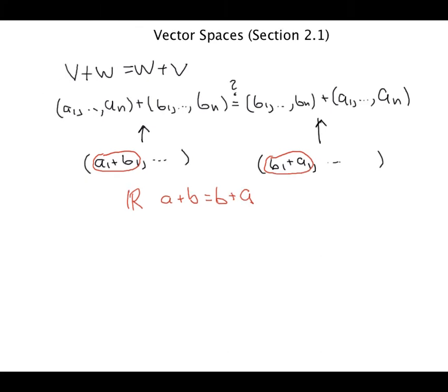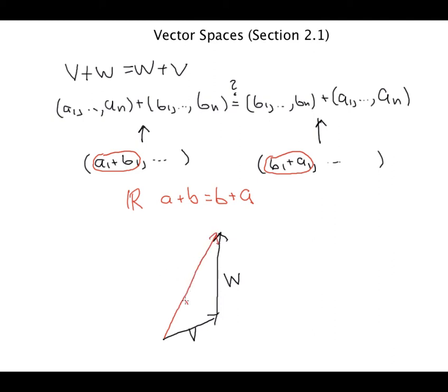Another good thing to do with these properties is to think about them geometrically. And the geometric intuition is often very useful. So let's look at the commutative property of vectors in terms of adding vectors visually. So the way you add two vectors is you take a vector v, and to add it to another vector w, you put them head to tail like this, and the sum is this vector right here.